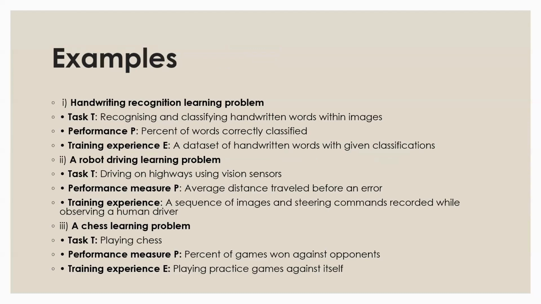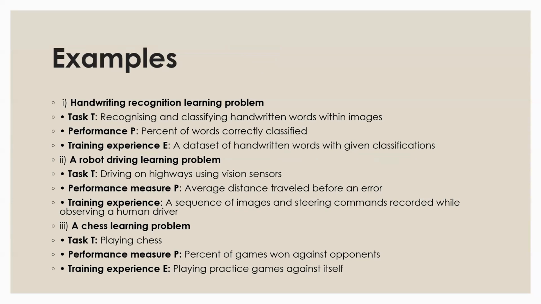Now, how does it happen in the case of machine learning? For example, how is a machine or an AI system able to recognize whose handwriting this is, right? So, recognizing and classifying handwritten words with images. How is that possible?